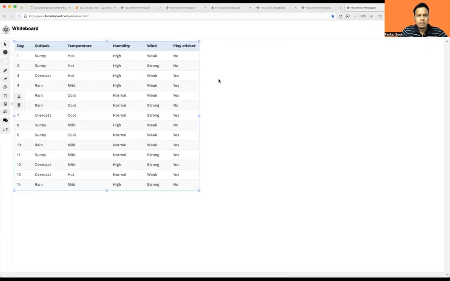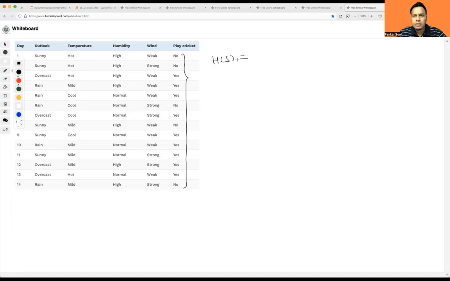For the target node, the entropy we got is 0.94. Now let's calculate information gain for outlook. Let me calculate only for one so that you can understand. We have sunny, overcast, and rain.